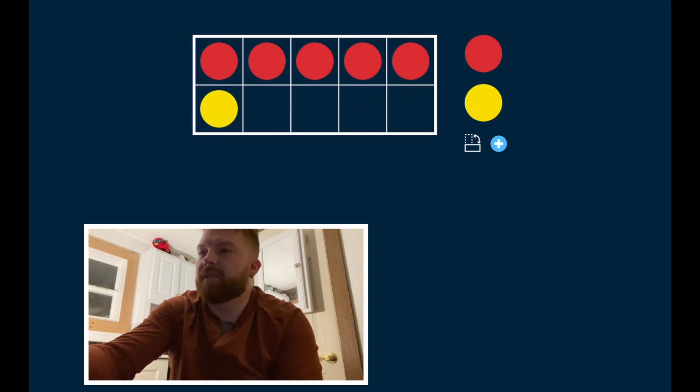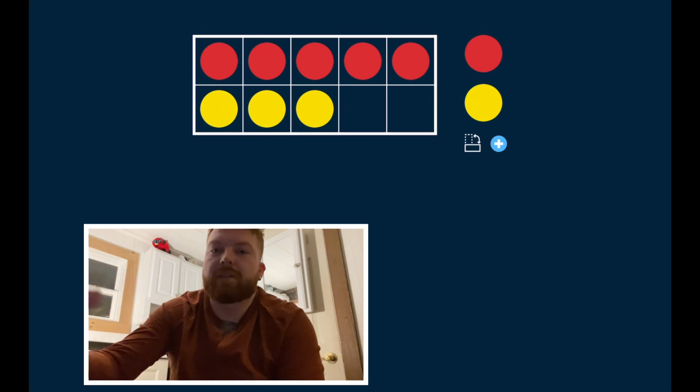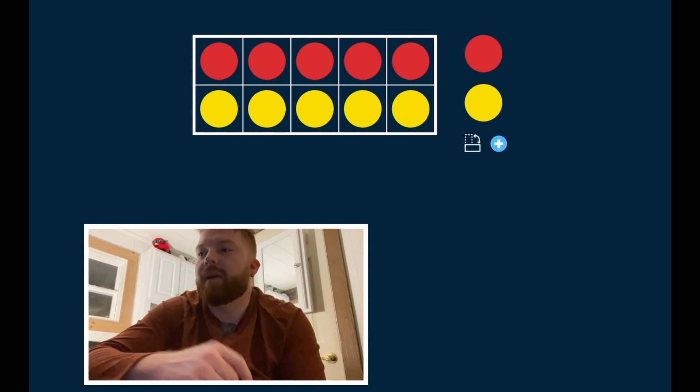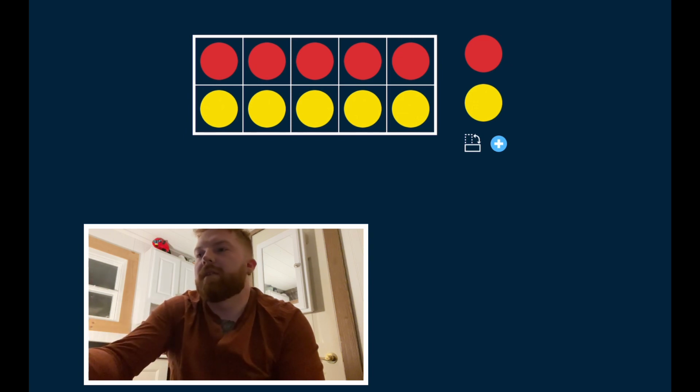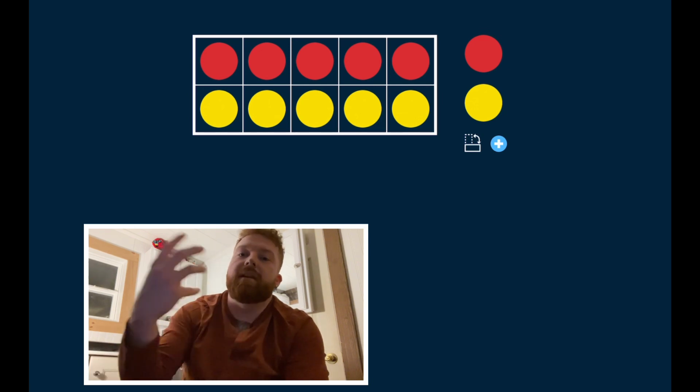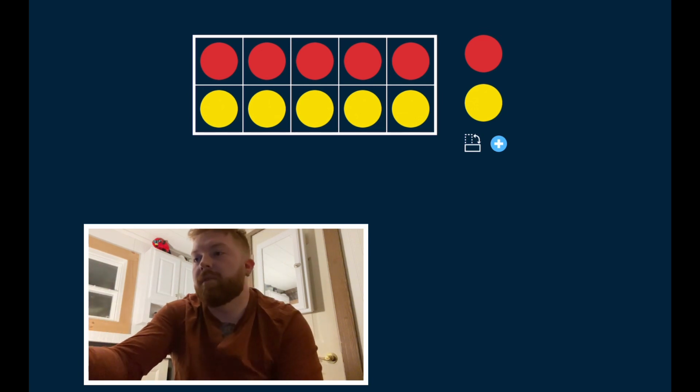It's usually yellow just to be able to tell apart that there were 2 numbers in the equation. So if it says we baked 5 cookies and then we baked another 5 cookies, the tens frame shows 1, 2, 3, 4, 5 cookies in red. And then it says we baked another 5 cookies, so it shows 1, 2, 3, 4, 5 cookies in yellow.